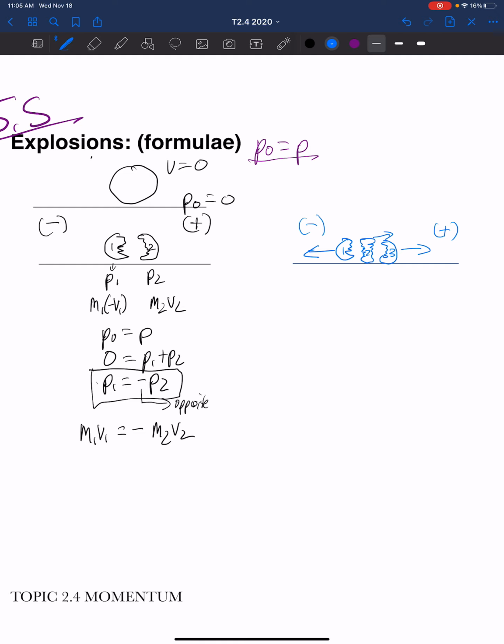So we have the total momentum of the system, which is 0 beforehand, and afterward we have the momentum of 1, 2, and 3. And we can see that these two have momentum that's opposite to this momentum. So solving algebraically, we get P1 is equal and opposite to the momentum of P2 and P3.